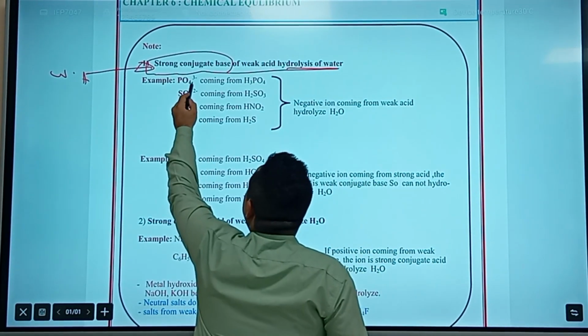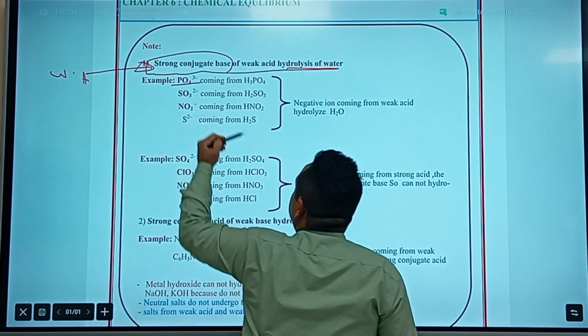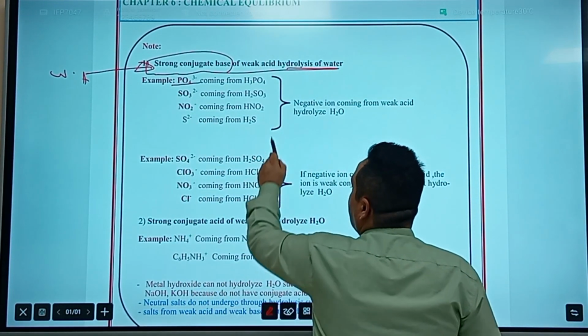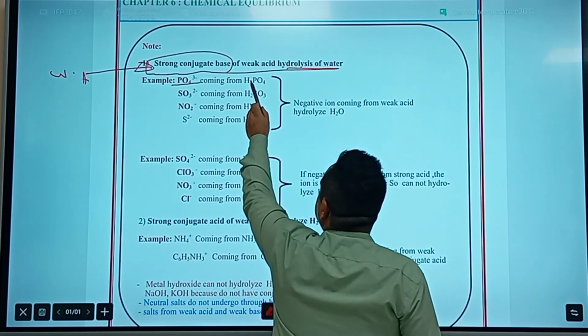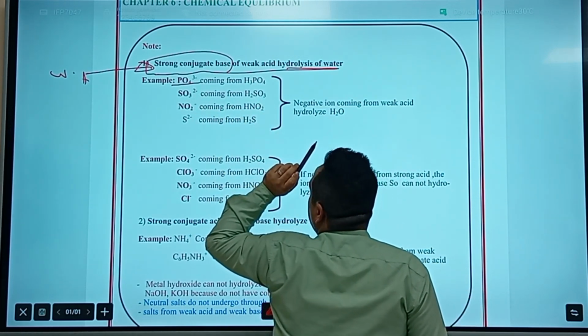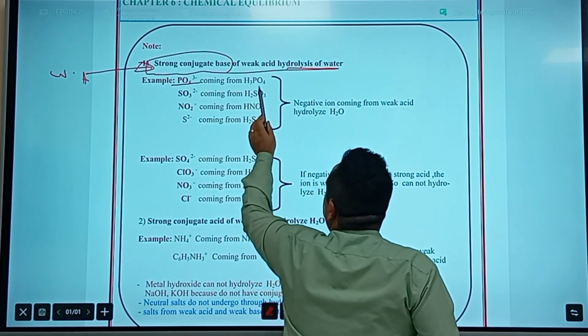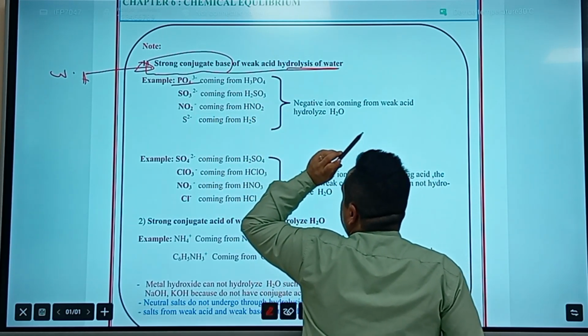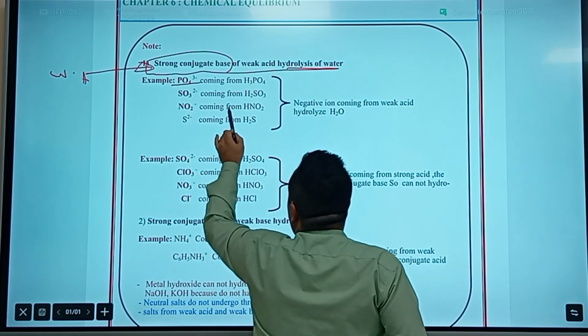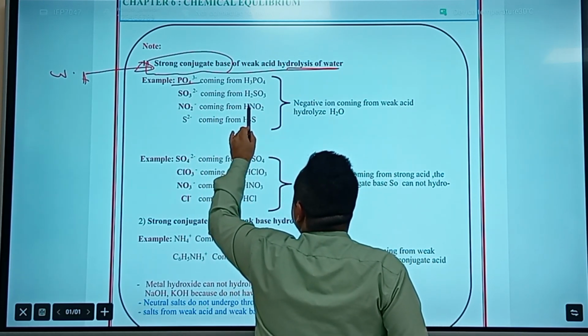So PO4 negative obtained from what? From H3PO4. H3PO4 is a weak acid, can hydrolyze, anion hydrolyze. SO3 negative 2 obtained from H2SO3, anion hydrolyze again. Coming from HNO2, HNO2 is a weak acid.